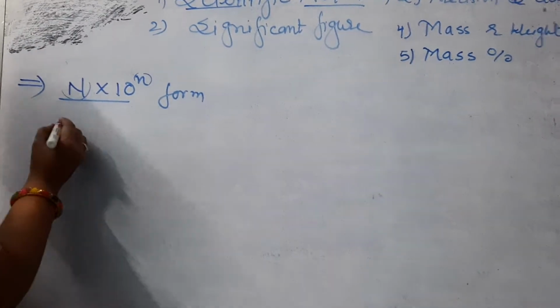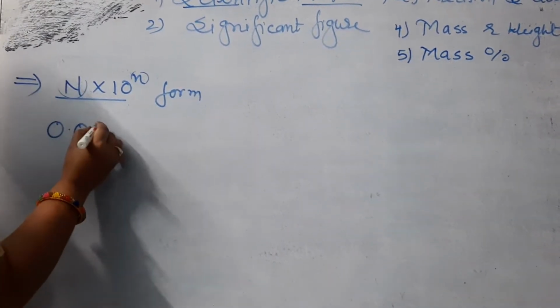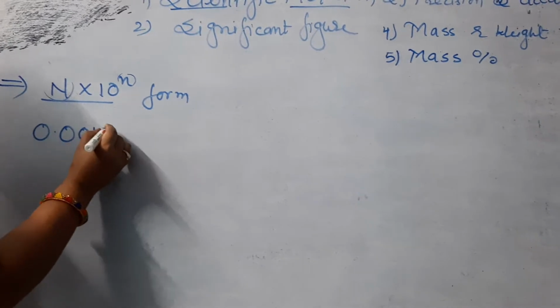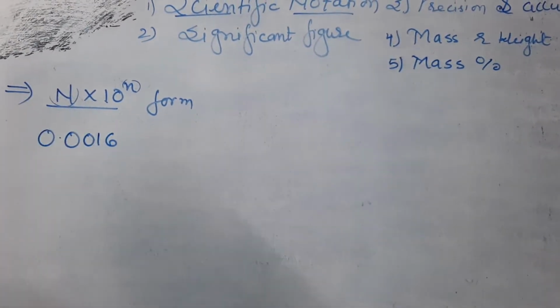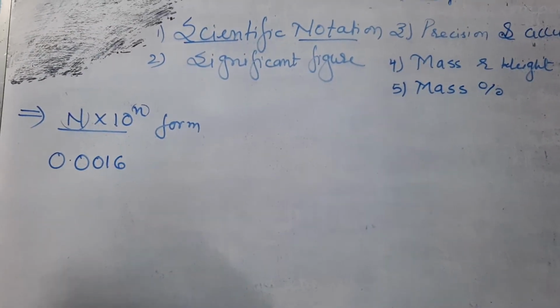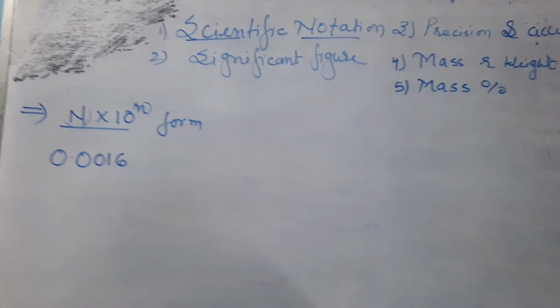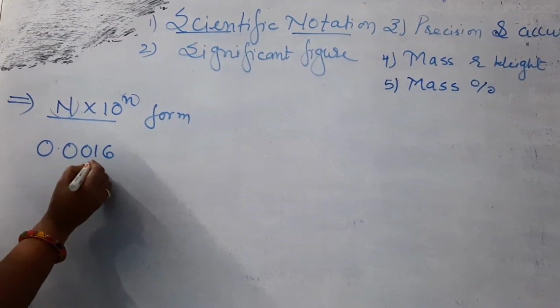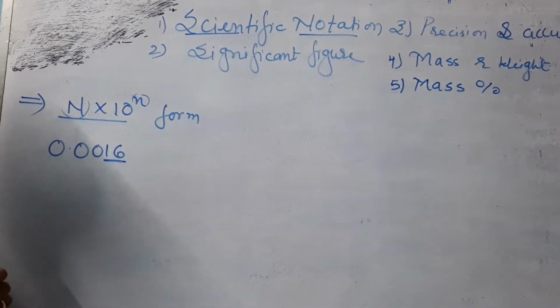Just see. Suppose we have the number 0.0016, and you have to write it in the form of scientific notation. Then you see which is the original number. This is 1 and 6.